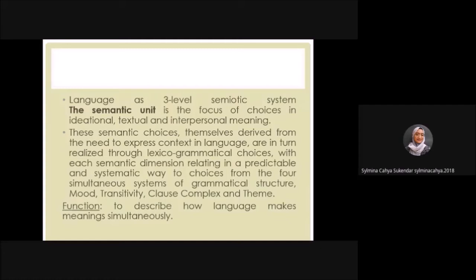These semantic choices are derived from the need to express context in language and are in turn realized through lexicogrammatical choices, with each semantic dimension relating in a predictable and systematic way to choices from the four simultaneous systems of grammatical structure: mood, transitivity, clause complex, and theme. The function of these units is to describe how language makes meaning simultaneously.